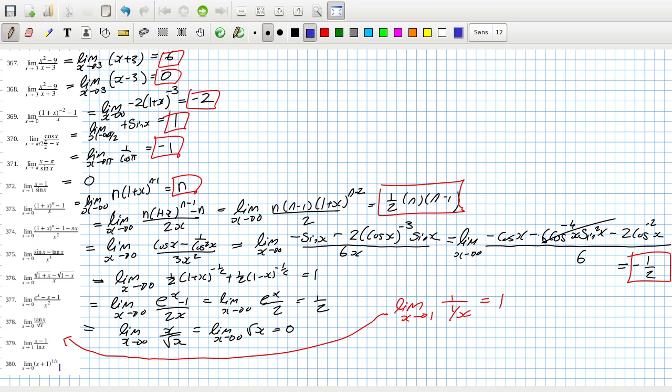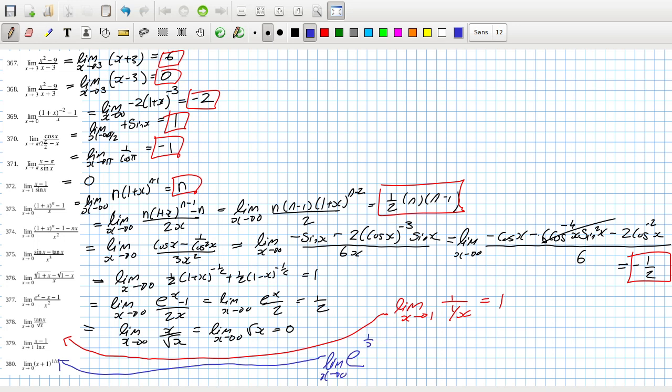And then finally, this one here. So we could say that's e to the limit as x goes to 0, e log.